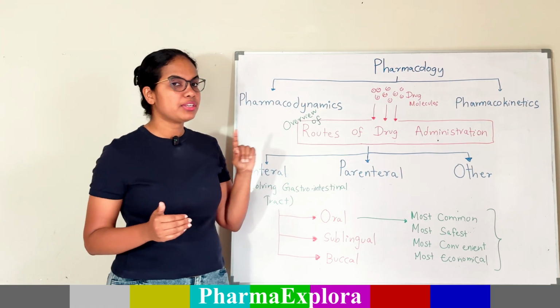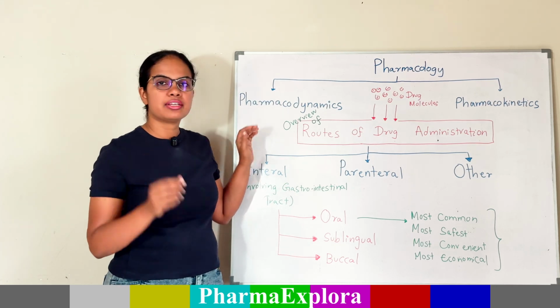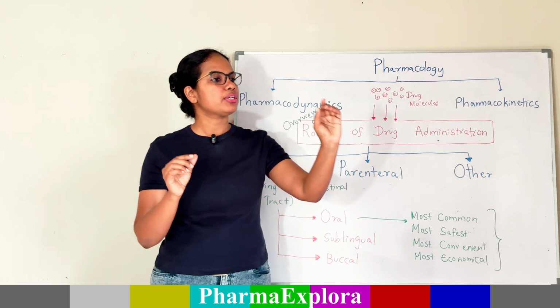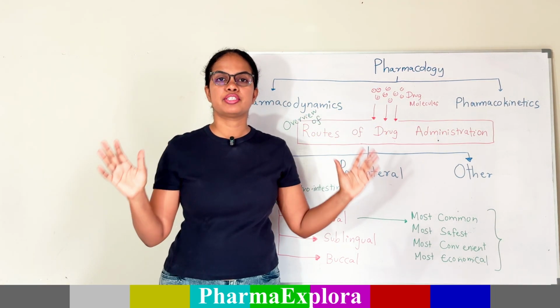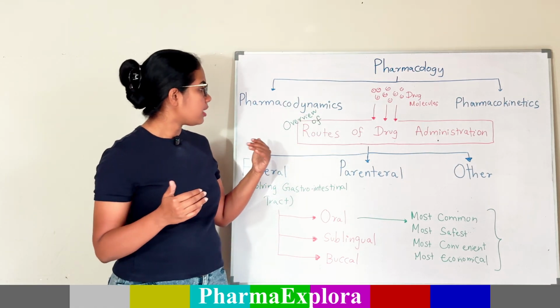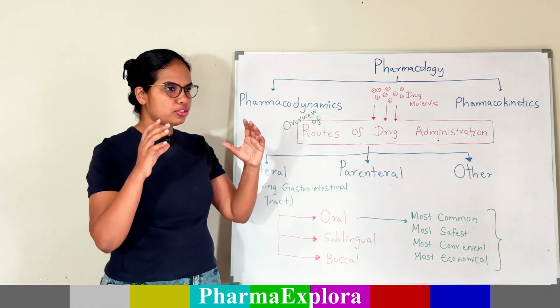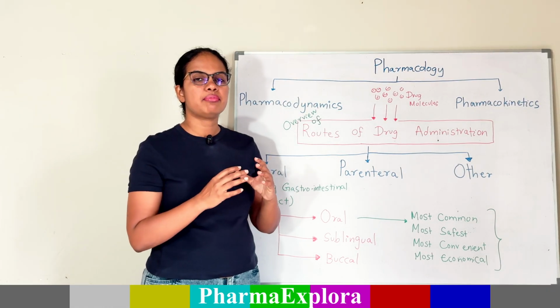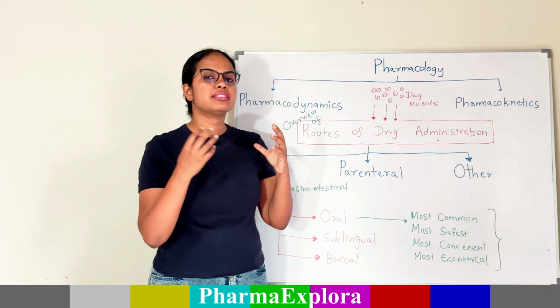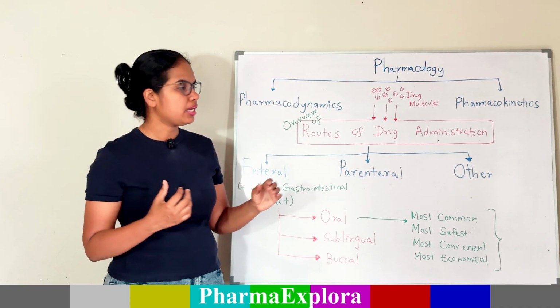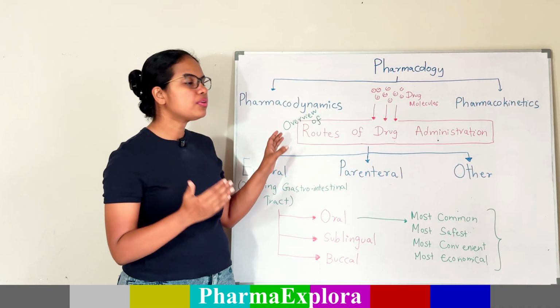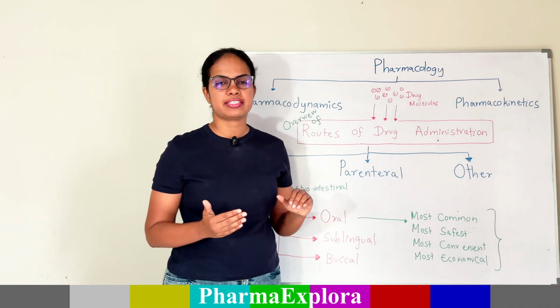However, as we discussed before, before a drug molecule goes to its receptor and performs its job, first of all it has to enter our body. The routes available for drug molecules to enter our body, we discussed under the overview of routes of drug administration.